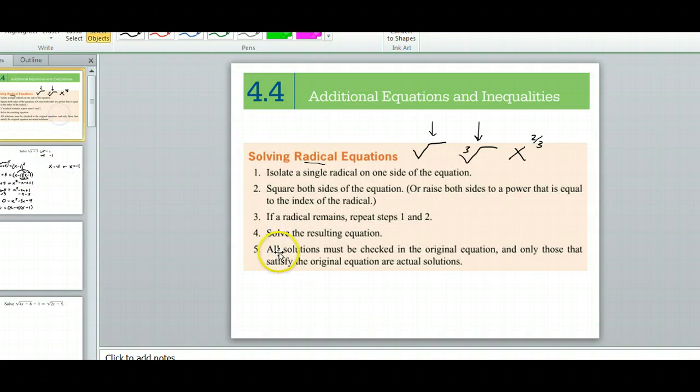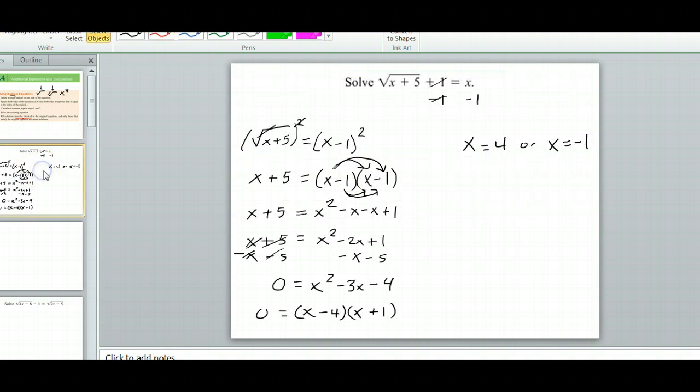Now, what you have to understand is this is not the end. You have to check your solutions now. With a radical equation, you have the possibility of what we call an extraneous solution, meaning something that actually doesn't work, even though it works from the time we squared it on, but it doesn't work in the original.